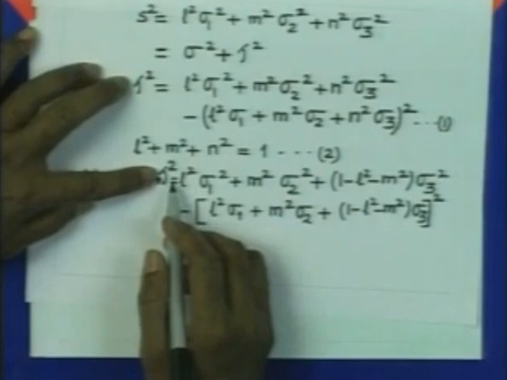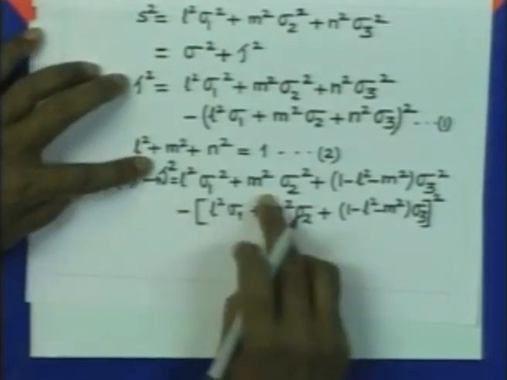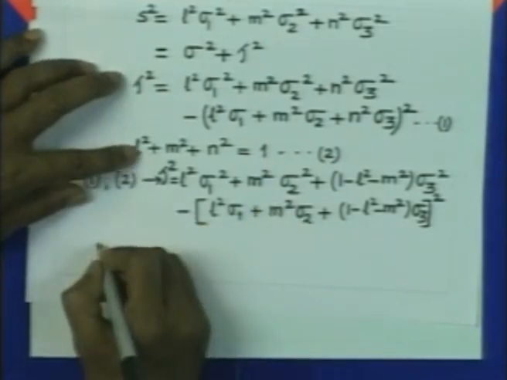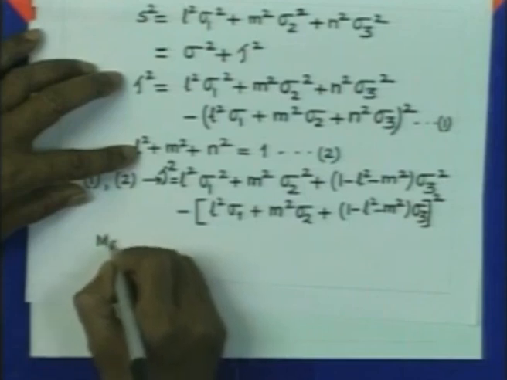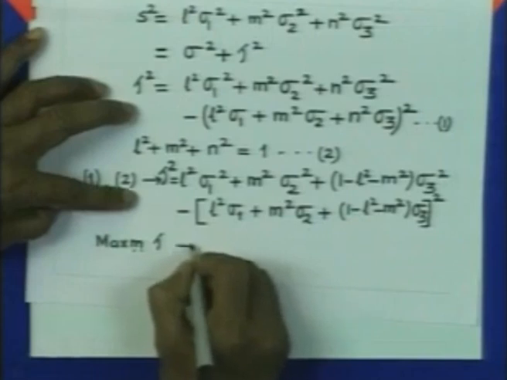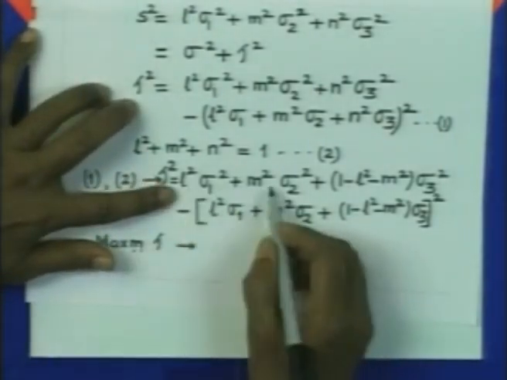Now, if we have to get the maximum value of tau, we can differentiate this relation and see that delta tau delta l and delta tau delta m are equal to 0. So, for maximum tau, it has 2 variables related to it, l and m.